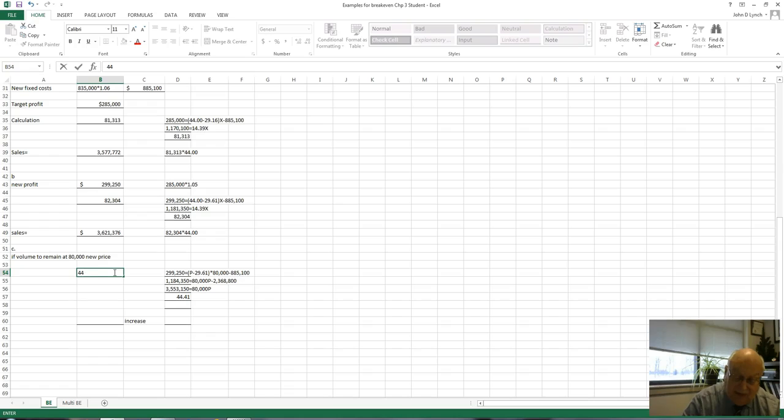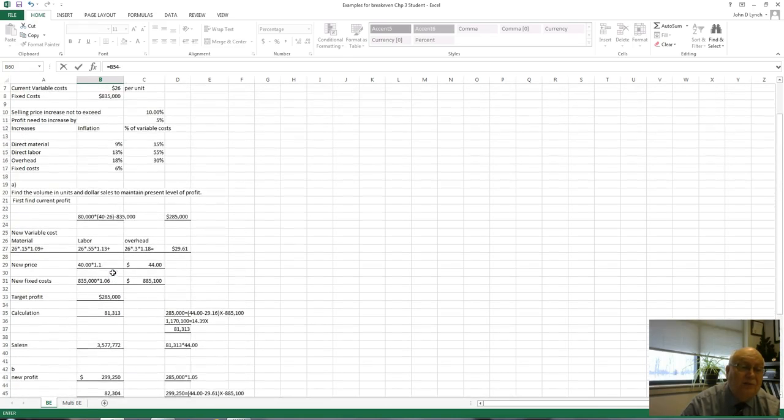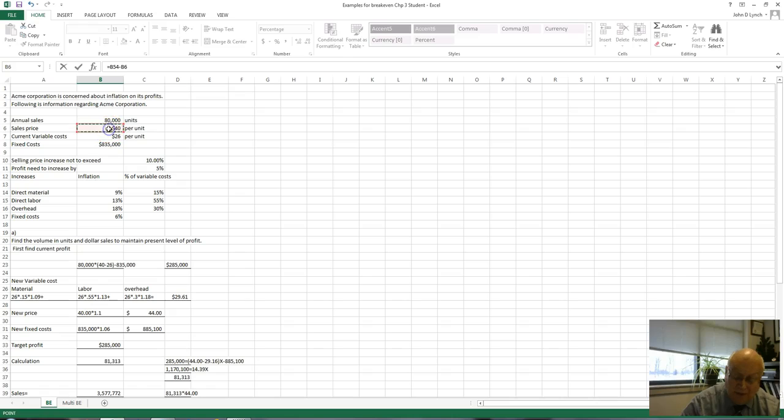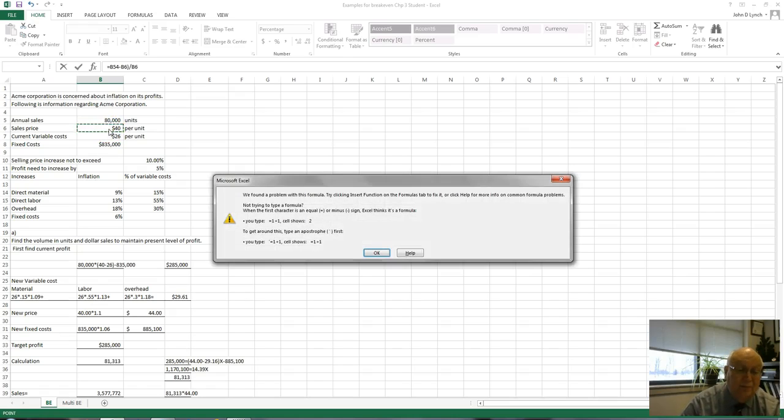And I'll just put that in here to save some time. So your increase then, what percent increase is that, you would take the new price of 44.41 minus your old price of way back up here $40 and divide it by $40.